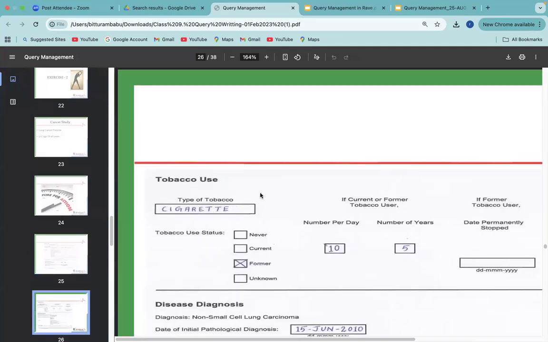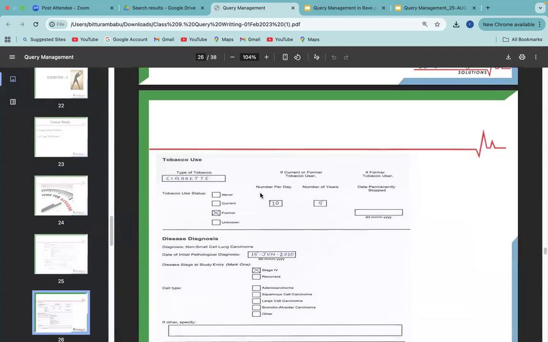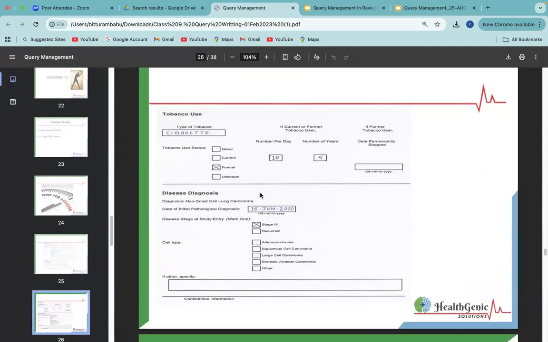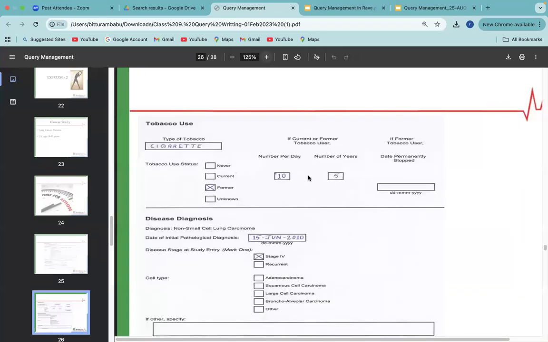Now, tell me what are the other errors here? Tell me.